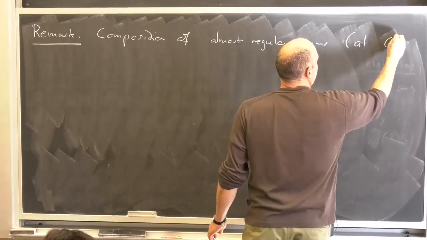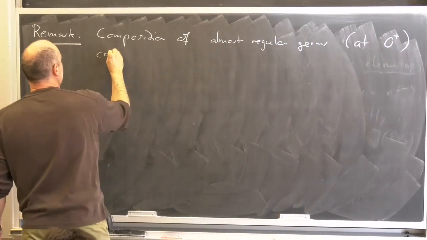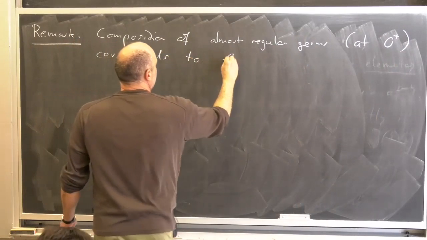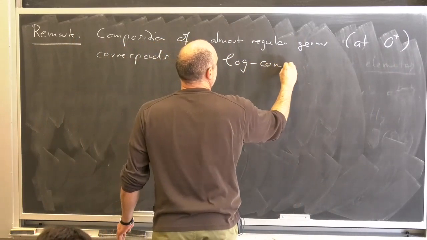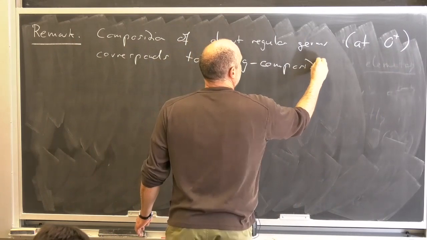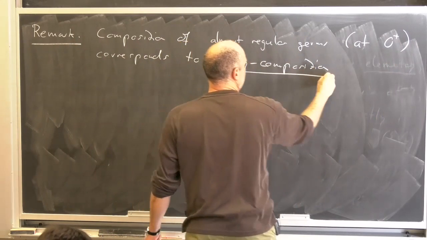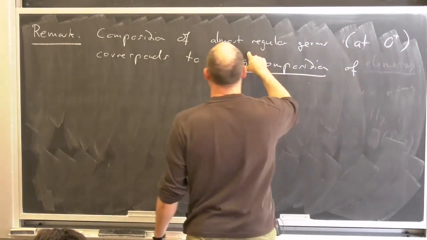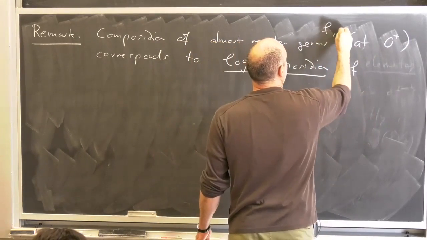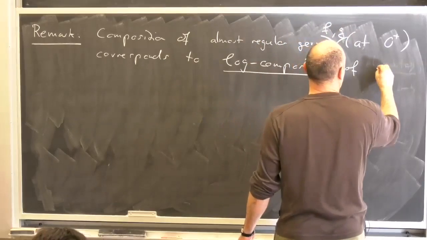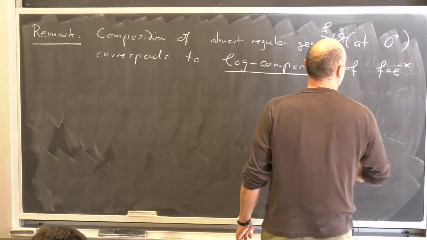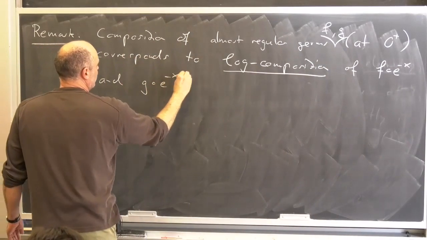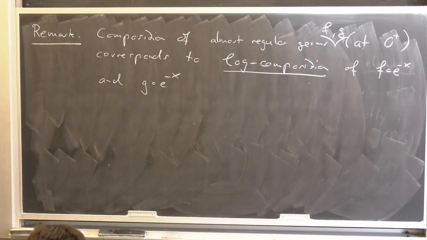So this at 0 plus corresponds to log composition of regular germs F and G, of F composed with this and G composed with this, right? I mean, that's kind of obvious.